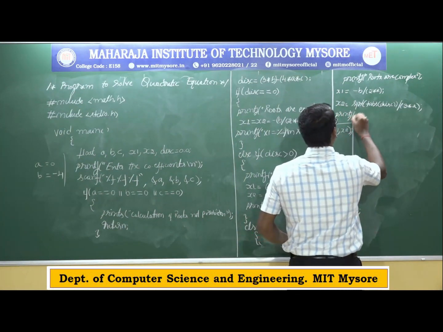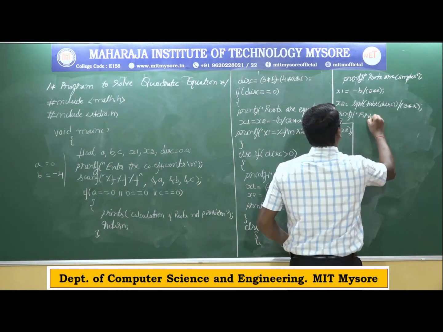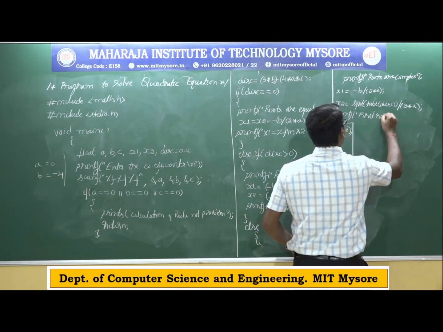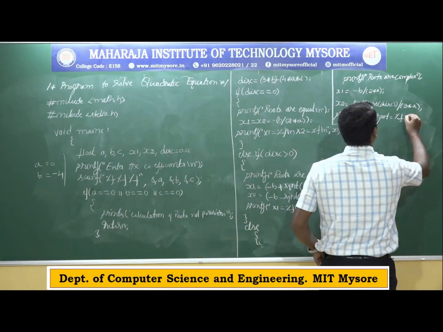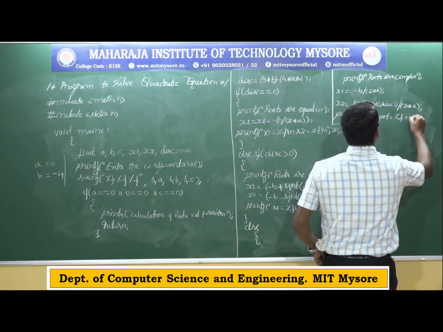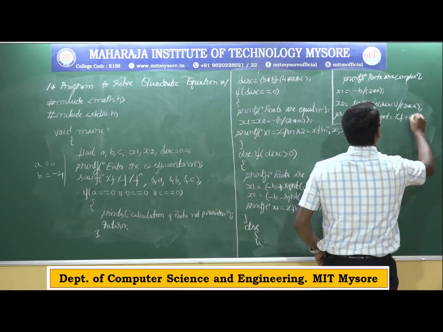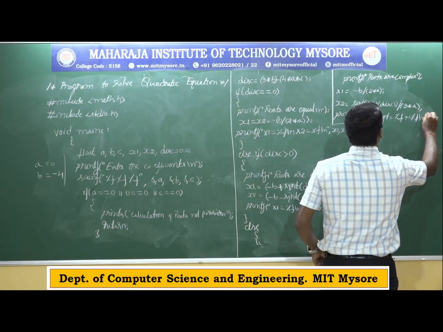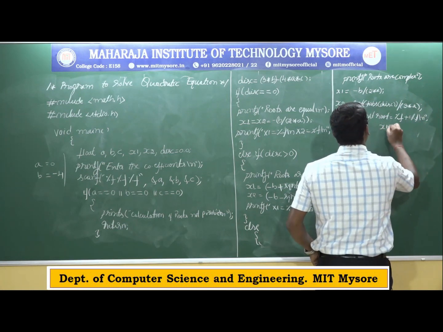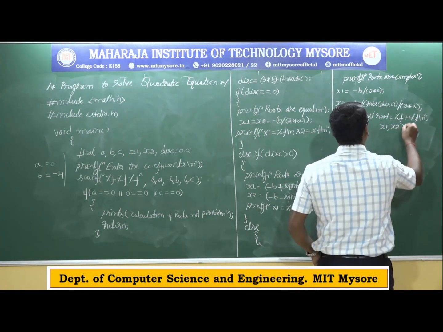Printf first root is equal to percentage f plus I percentage f slash n, comma x1 comma x2.